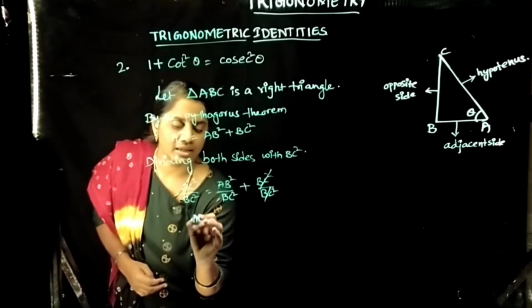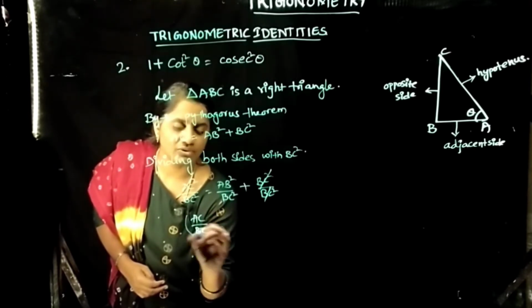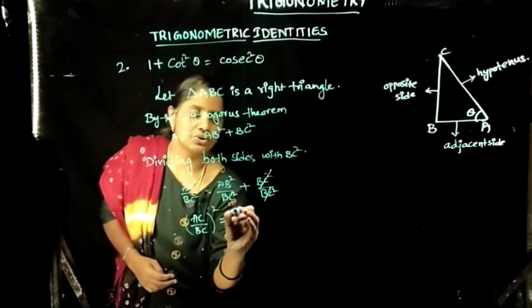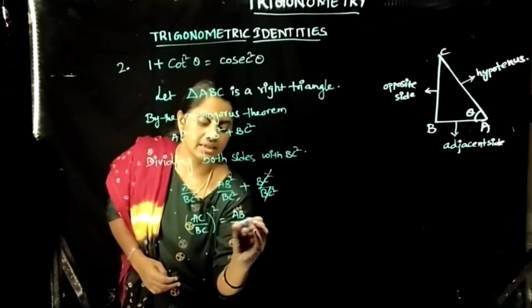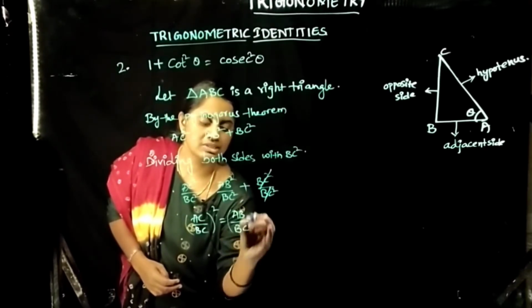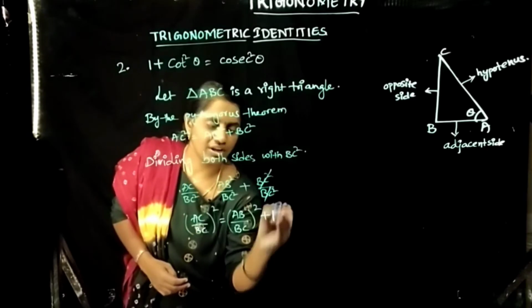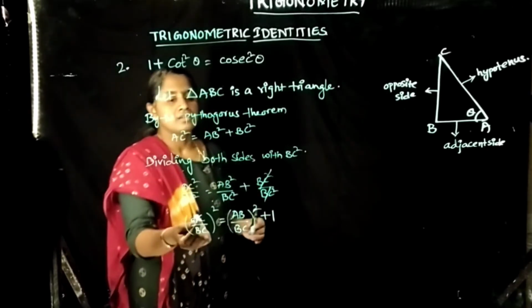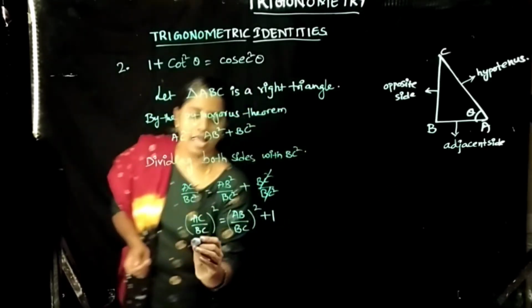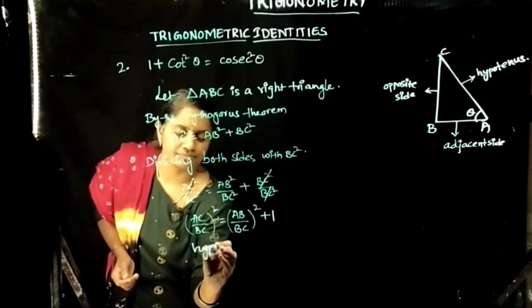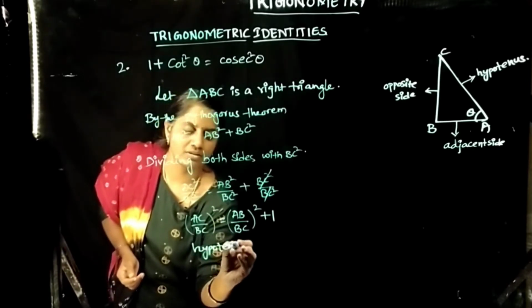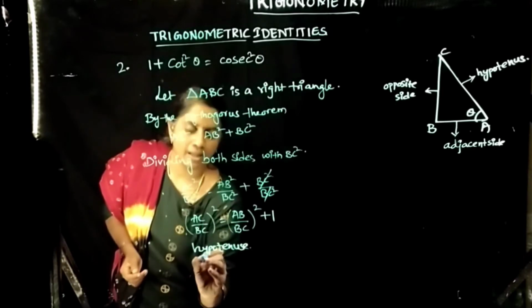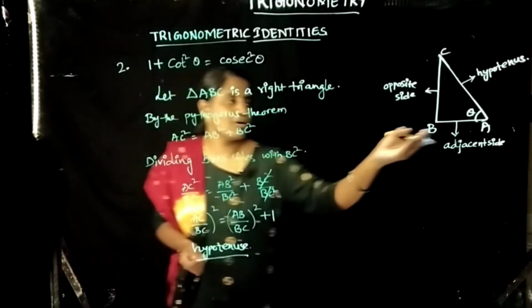Now AC by BC whole square is equal to AB by BC whole square plus 1. What is the name of AC here? Hypotenuse, by, what is the name of BC?